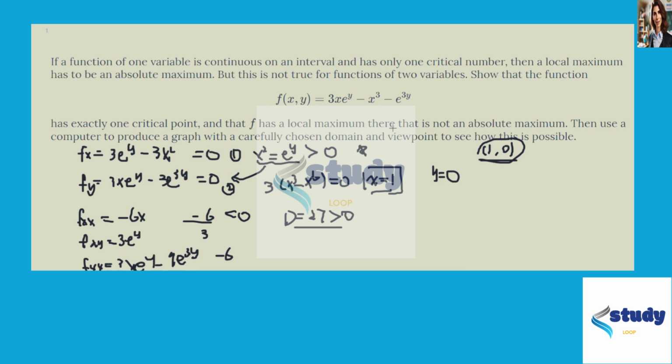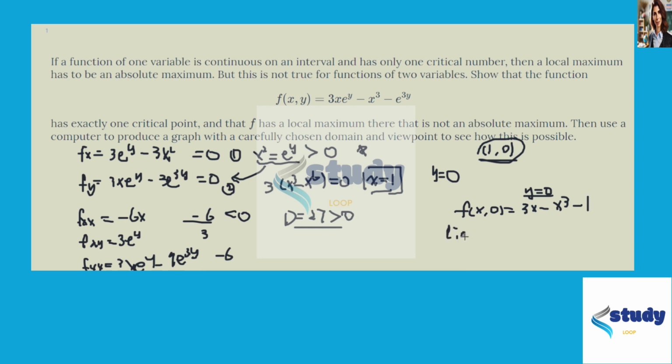But this is not an absolute maximum value, because if we let y equal to 0, we can see f(x, 0) is equal to 3x - x^3 - 1.